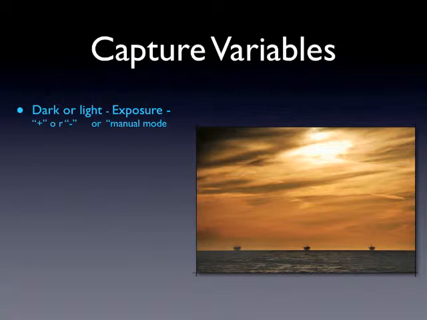When you push the plus or minus button in and you turn your little toggle switch, what you can do with your camera is tell the camera, okay, instead of taking a normal picture, I want you, if you put it on the plus side, to leave the shutter open a little bit longer, or open up the iris a little bit more. Or if you push it on the minus side, take a picture a little bit quicker than normal, and then the camera will automatically make those changes for you.